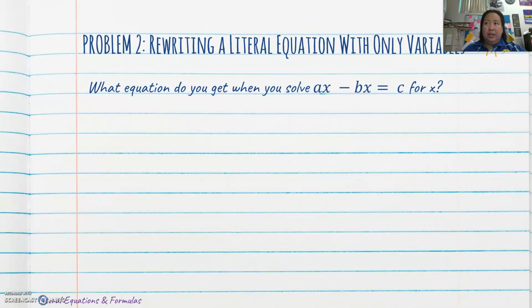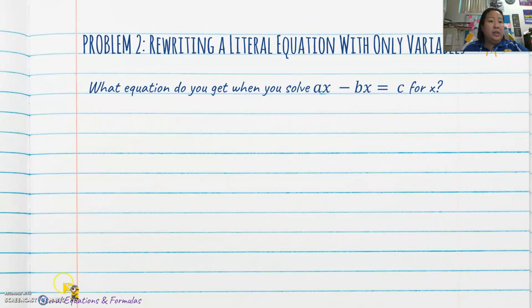In this case, we are rewriting a literal equation, and these equations are only made up of variables. Most likely, you will not be seeing any numerical coefficient. Let's say we have ax minus bx is equal to c. We need to solve for x, okay?